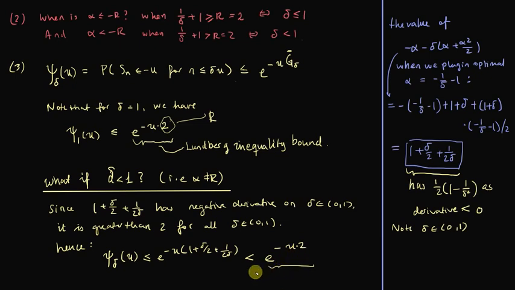So hence, when we constrict ourselves to a finite time interval instead of an infinite time interval, and that finite time interval can be expressed as a fraction of our initial capital, then we actually have a better bound for the ruin probability on that finite time interval than what we get using the Lundberg inequality.